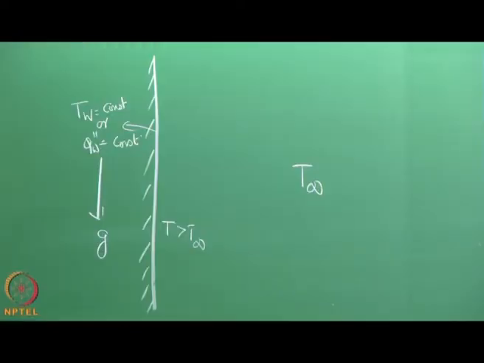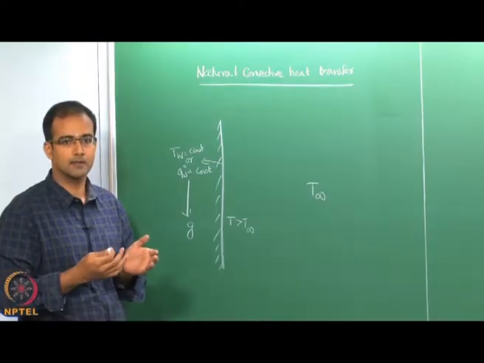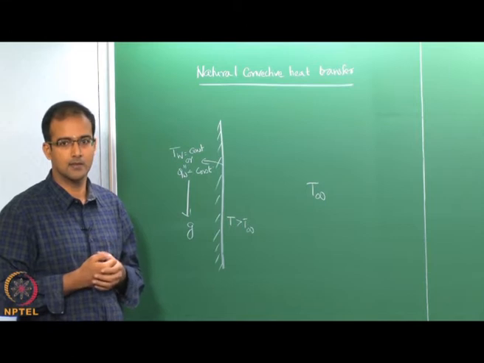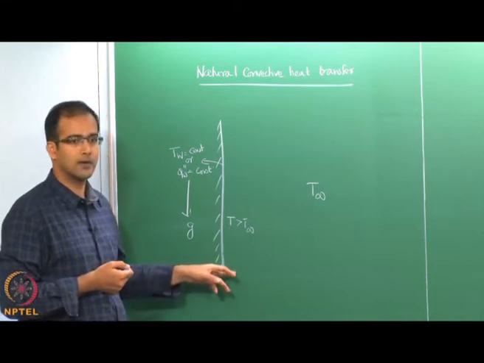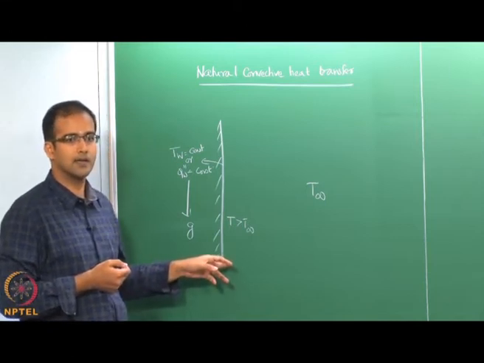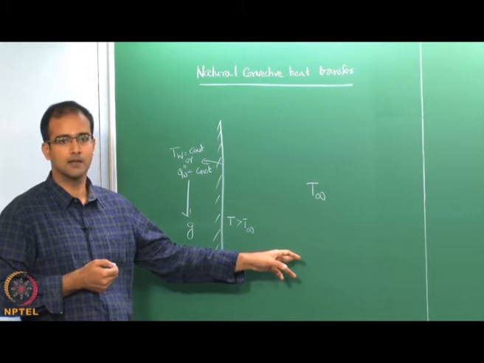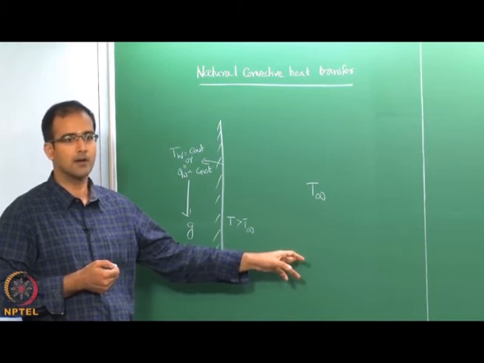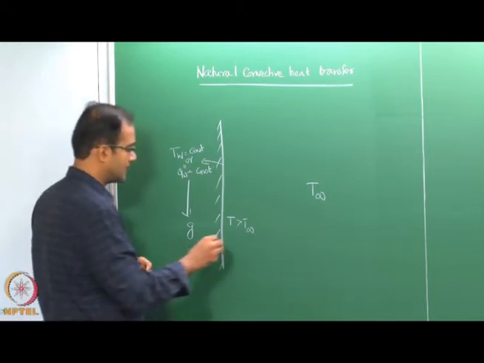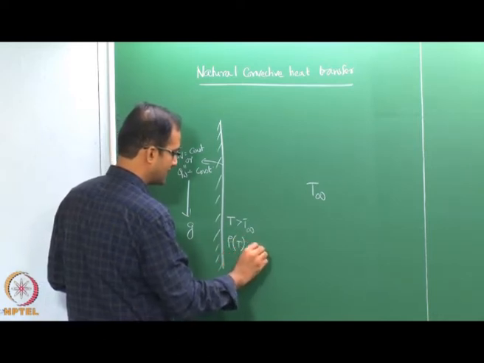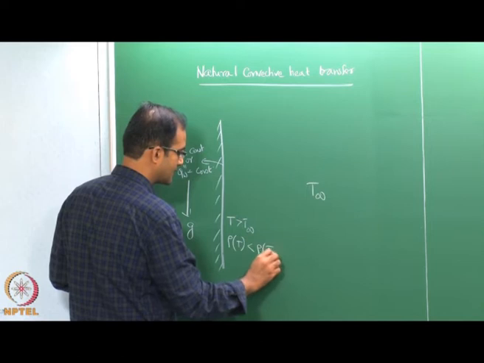Now, you know that the density is a function of temperature, especially very strongly for gases. So, when you look at the quiescent atmosphere, the heated air here will have a density which is different from the density somewhere outside where you have T infinity. So, the density here, rho of T, will be less than rho at T infinity.